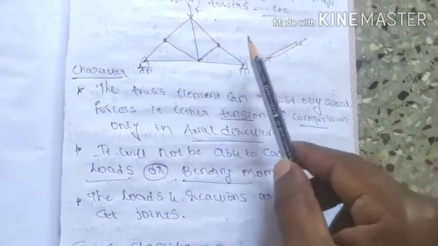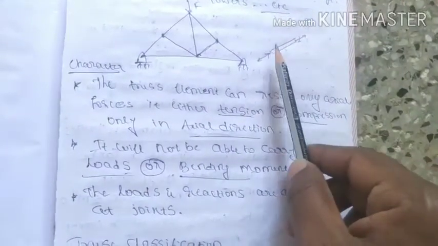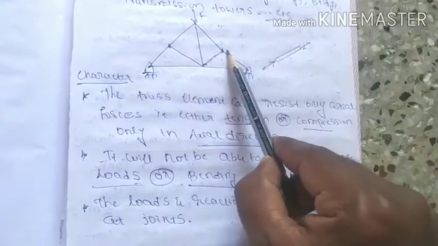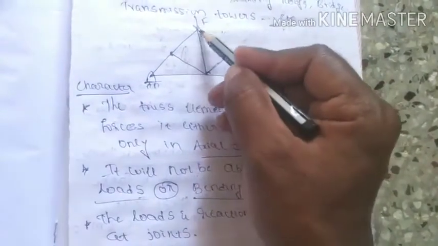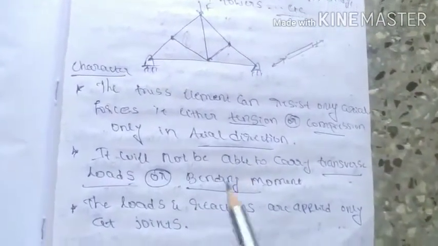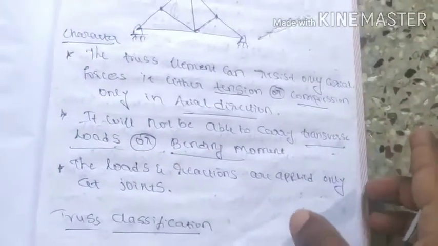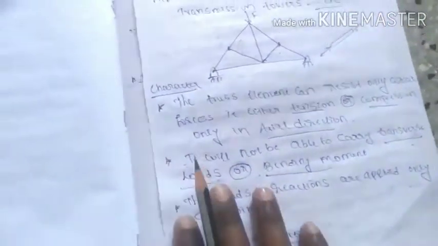It will not take any transverse or bending loads. And the reactions or loads are applied only at the joints or fixed points, not at other points. So a truss has the same characteristics as a bar, because it is made up of bars.